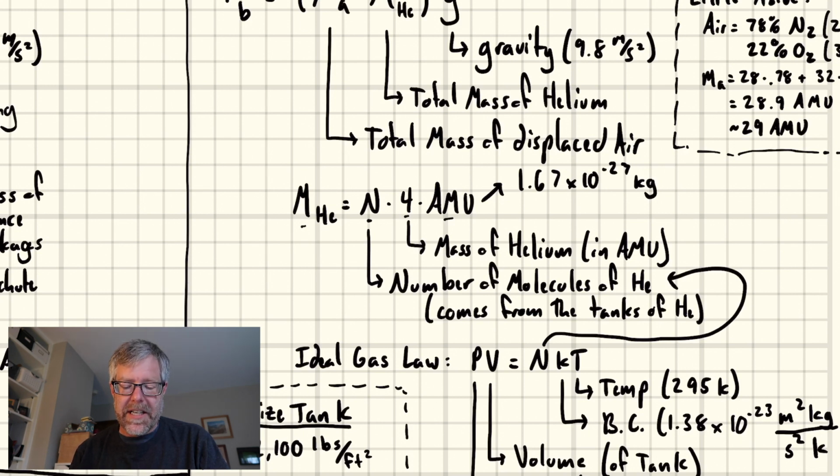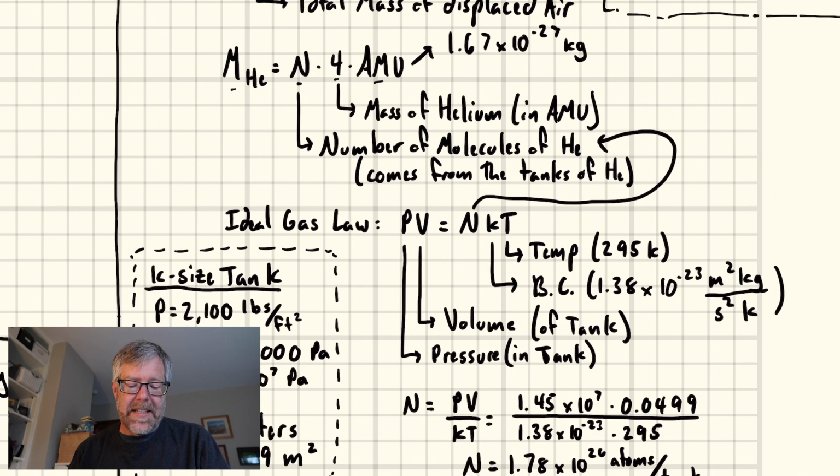The hard part is actually finding the number of molecules of helium. You take a tank of helium and unload all of that into the balloon. And the question is, how many atoms of helium are there in a tank of helium? That's the real question. So we're going to use the ideal gas law here.